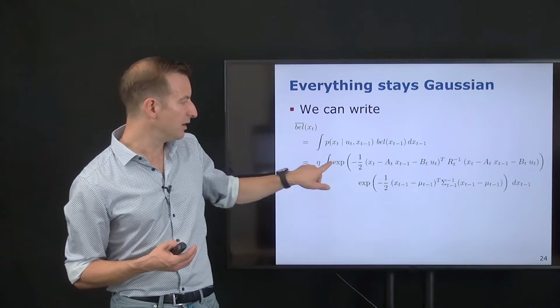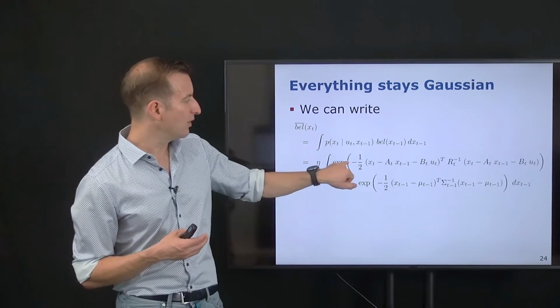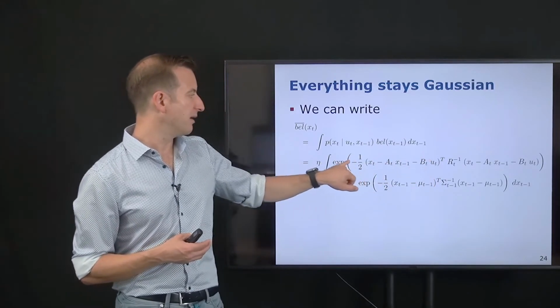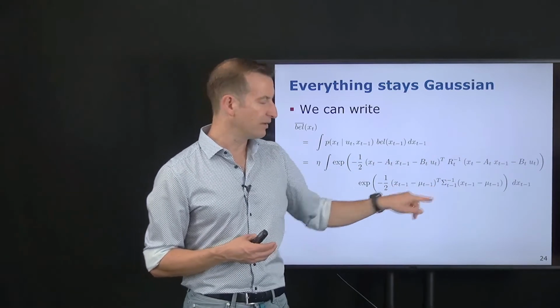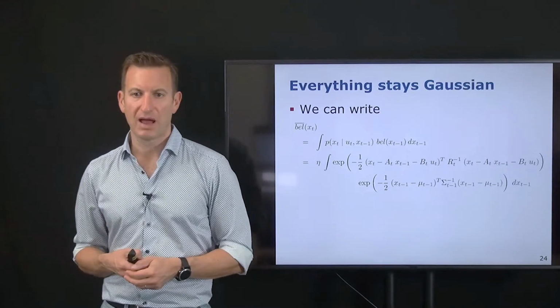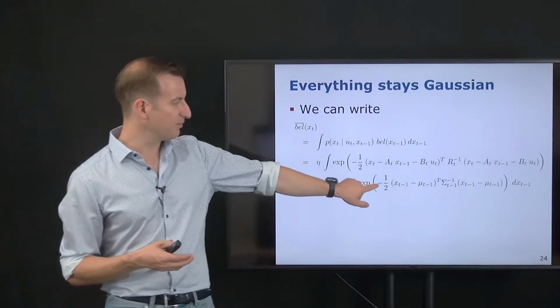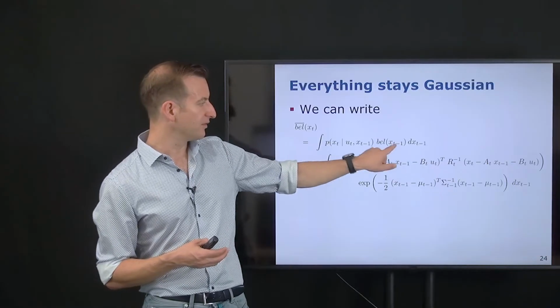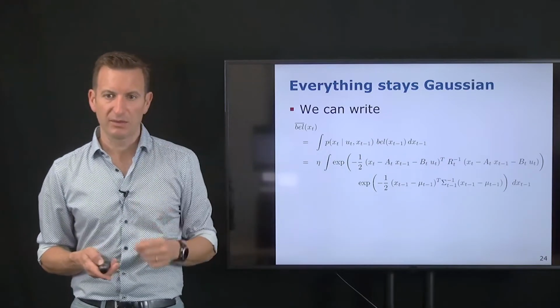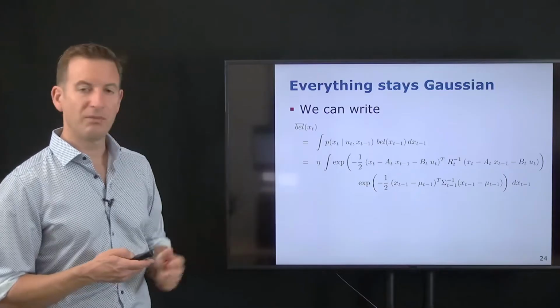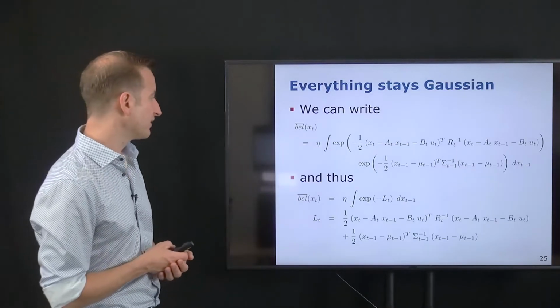And then I have here the product of two exponential functions, one of my motion model, and the other one is just the Gaussian about our previous belief. So the recursive belief, this term over here. Okay, and what I can do, I can actually combine those exponential functions.